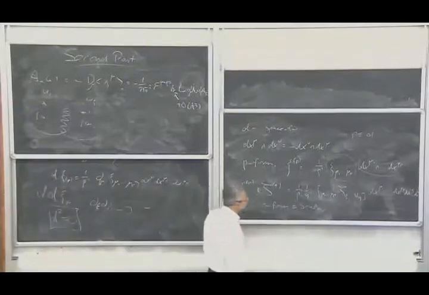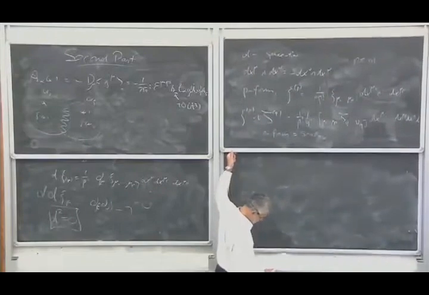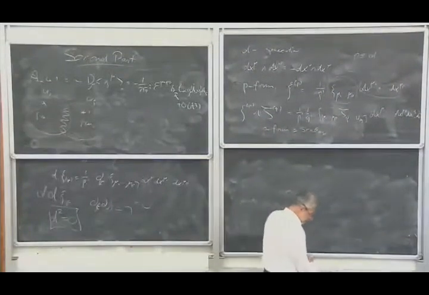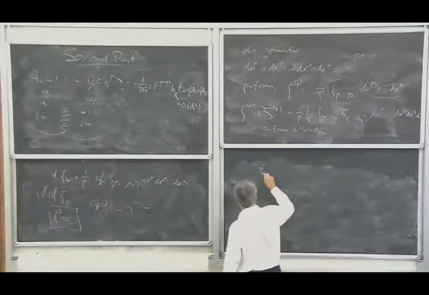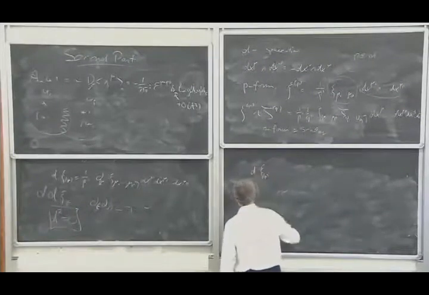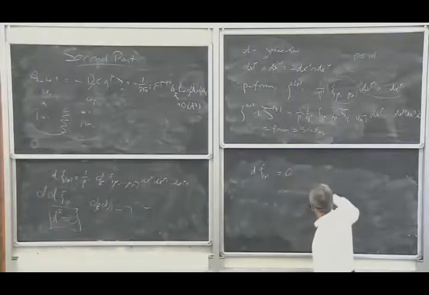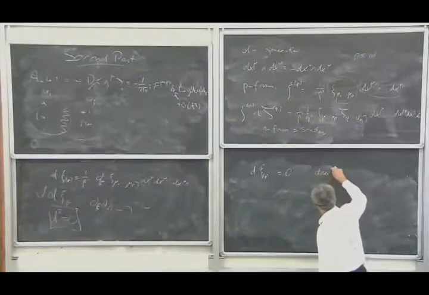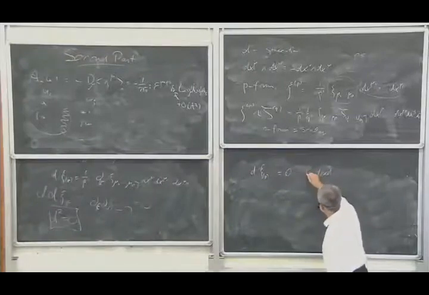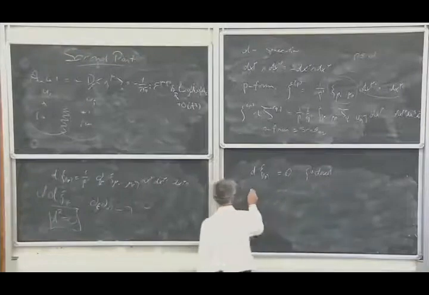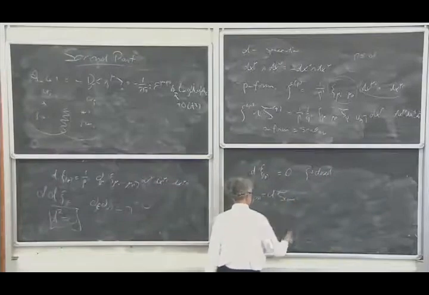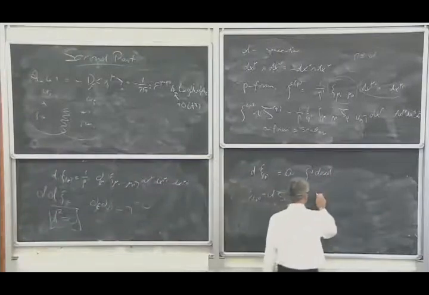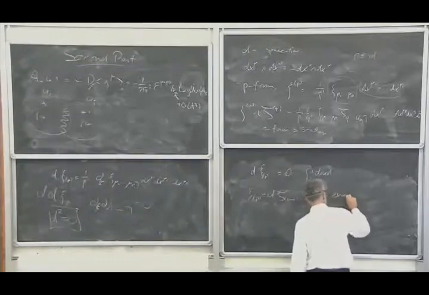Now, here comes an interesting question then. If I have a p form such that d of it is 0, we say the form is closed. Okay? We say that psi is closed. Now, on the other hand, if psi is d of some p minus 1 form, we say that psi is exact.